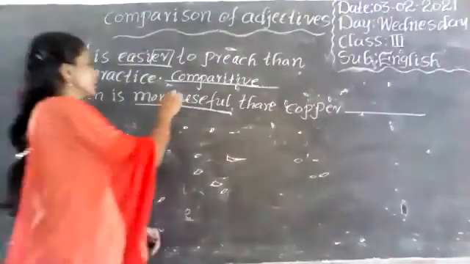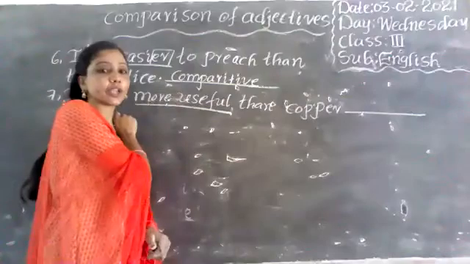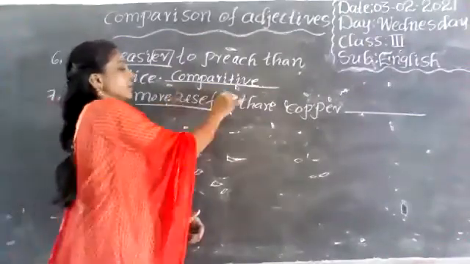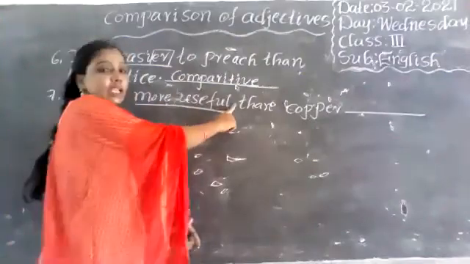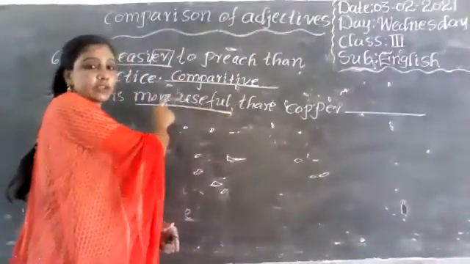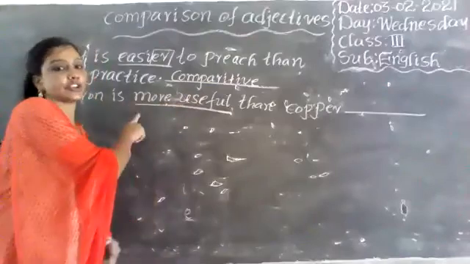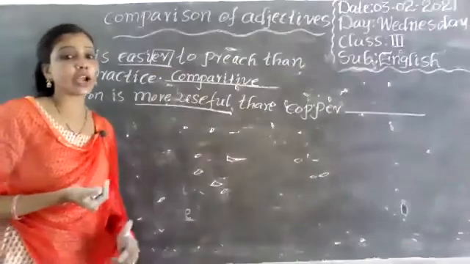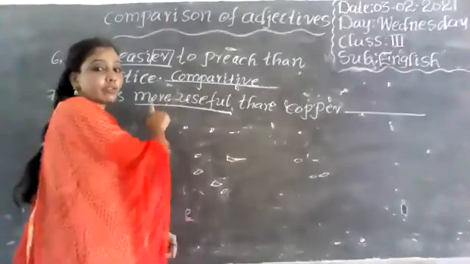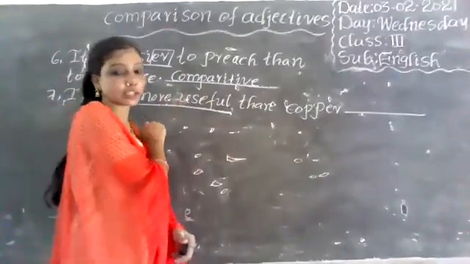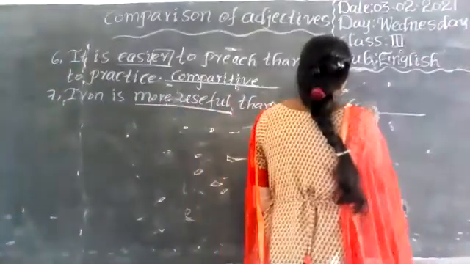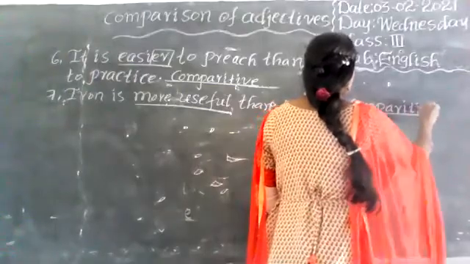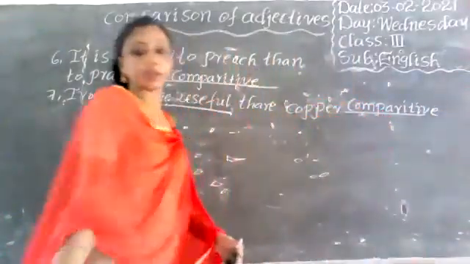For long adjectives, we should add more for the comparative degree, and most for the superlative degree. Okay, the long adjectives only. So no need to add er or est. Just we have to add more before the adjective. For comparative degree, we should add more. For superlative degree, we should add most. So here more is given, that means the given statement belongs to comparative degree. Comparative degree. Okay. Next one.